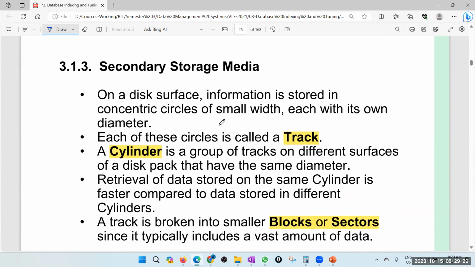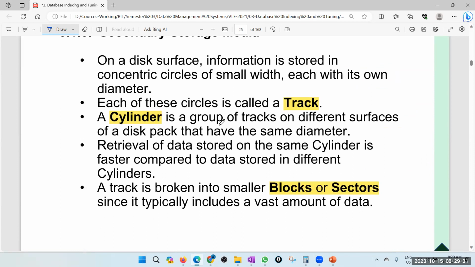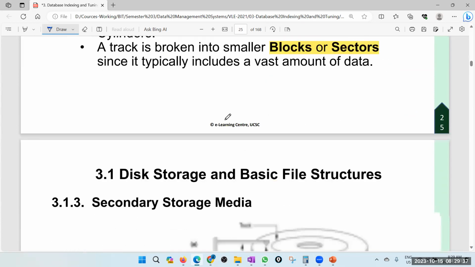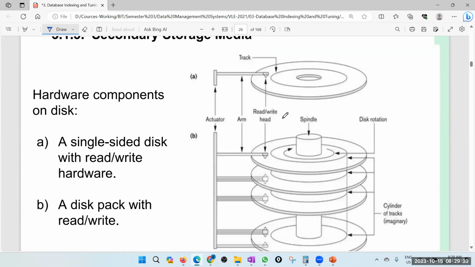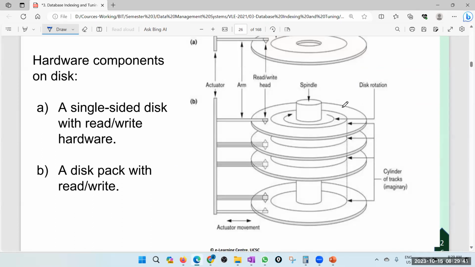When it comes to hard disks, your syllabus is more concerned about the hard disk than SSD. You can visualize a hard disk something like this. They ask questions about these things, like hard disk access time, so we must be aware of them. A hard disk has an array of disks: disk 1, disk 2, disk 3, disk 4, disk 5.